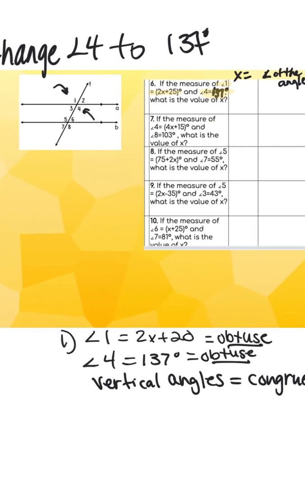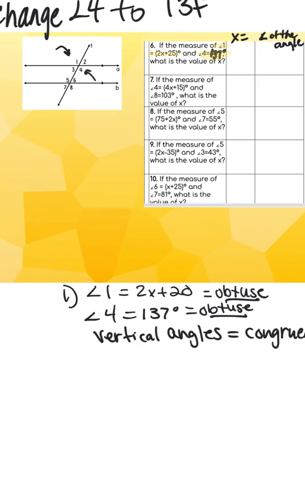Okay, so since they're congruent, I can set them equal to each other. So I can take 2x plus 20 and say it equals 137 degrees because they are equal. They're vertical angles. So now I can just solve for x. So I'm going to subtract 20 on both sides.